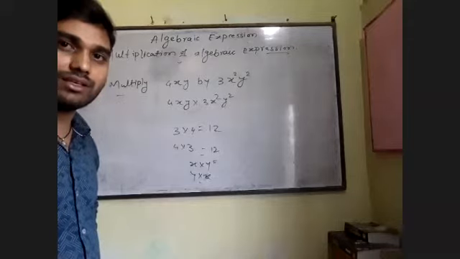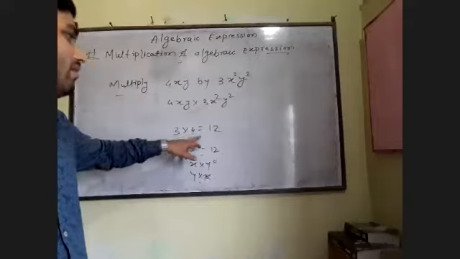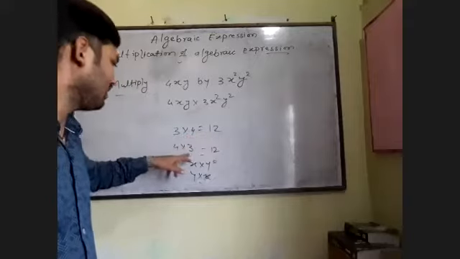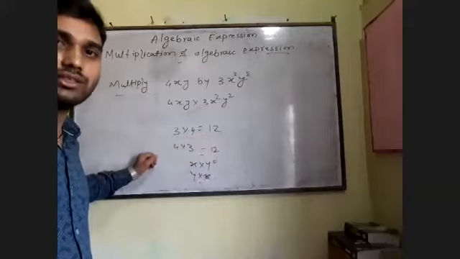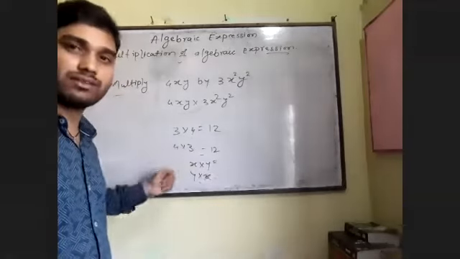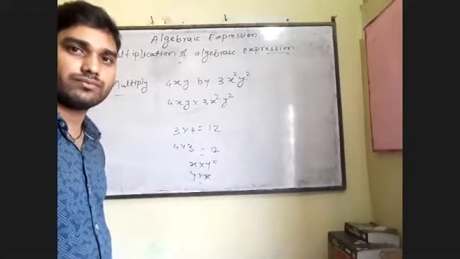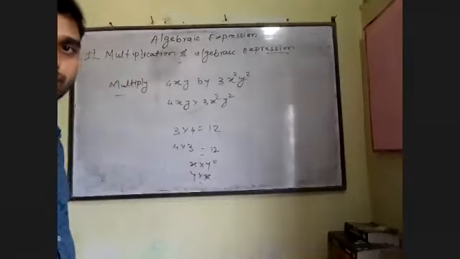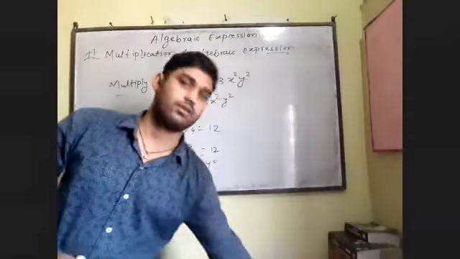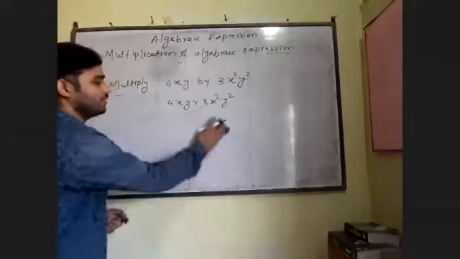The same value it will be. How can it be different? 3 multiplied by 4 is 12. 4 multiplied by 3 is 12. So x multiplied by y or y multiplied by x, the same value will be there. We studied this already in rational numbers.